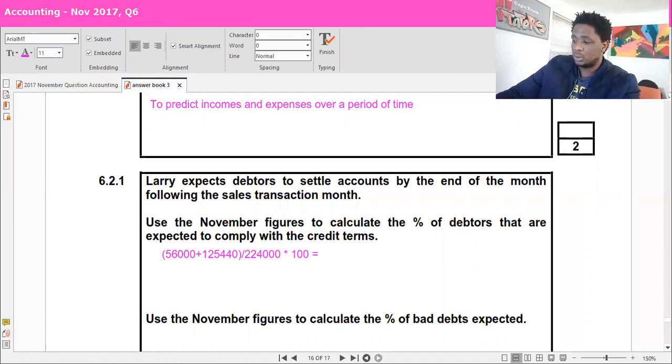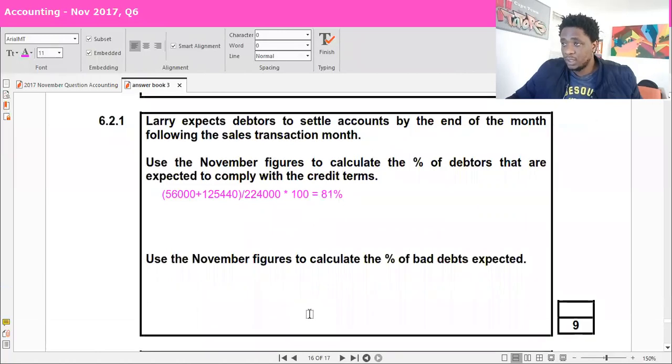Then you will get 81%. So 81% of the debtors are expected to comply with the credit terms. And then they say use the November figures to calculate the percentage of bad debts expected.